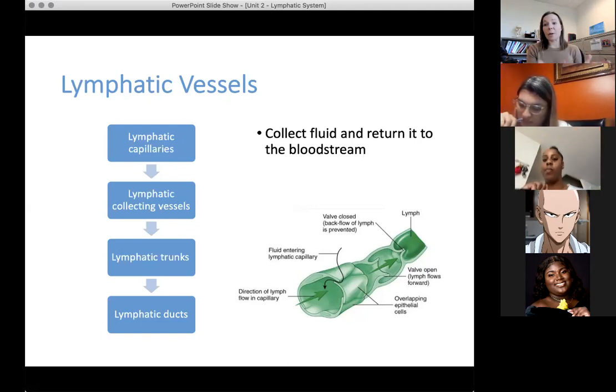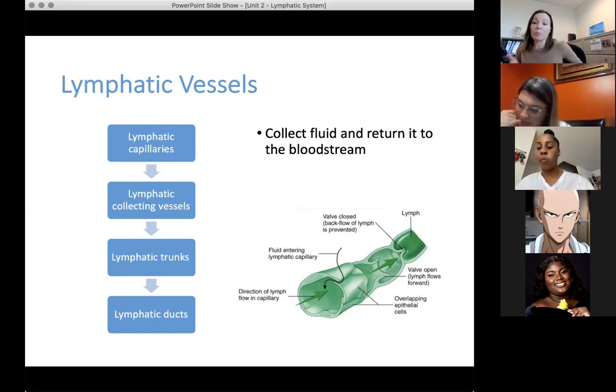Whatever verb you want to use, it's collecting it, draining it, pulling it out, removing it. As long as you understand what's happening, you can use really any term. It's taking it out of that area and moving it into these lymphatic vessels. Okay, thank you.